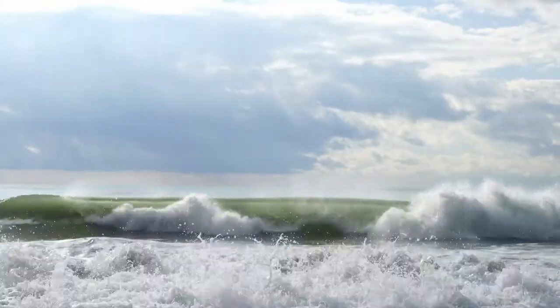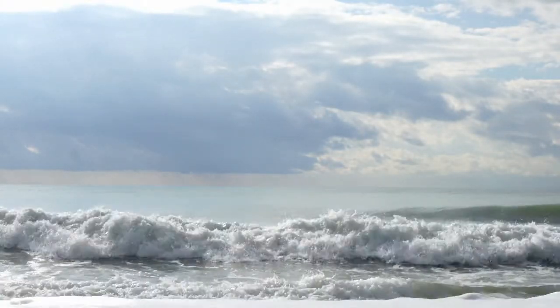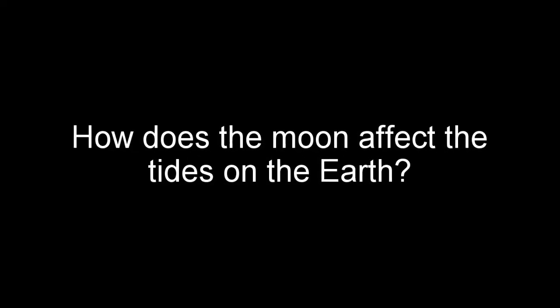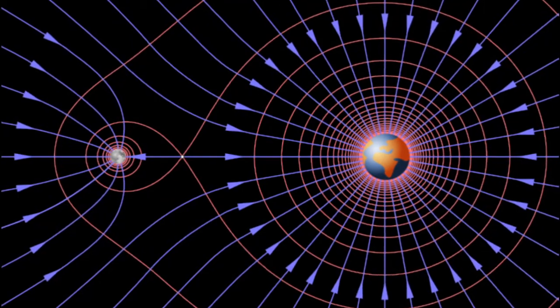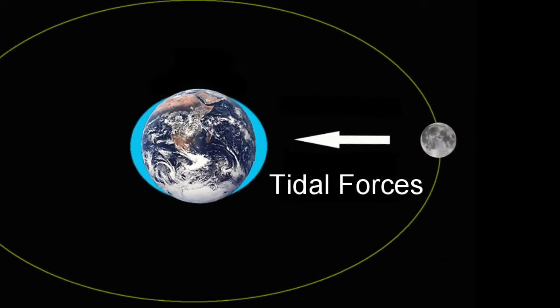Finally, we can put all of what we talked about today together to explain the main point of interest for this video. How does the moon affect the ocean tides down here on Earth? It's known that the moon's gravitational field is constantly interacting with the Earth's, and this interaction creates what is known as tidal forces that squash and stretch a planet ever so slightly.